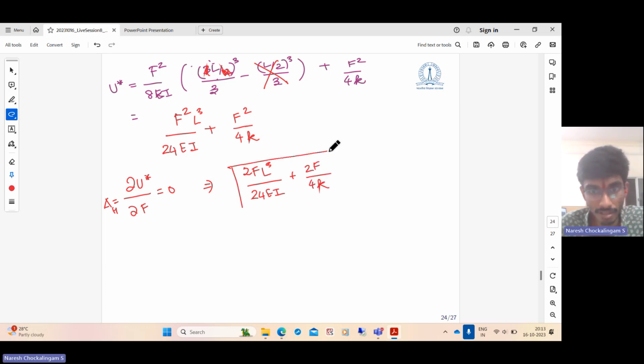So this is the expression for the displacement at the point h. And if you substitute the values into it, we get delta h as 0.4 meters.